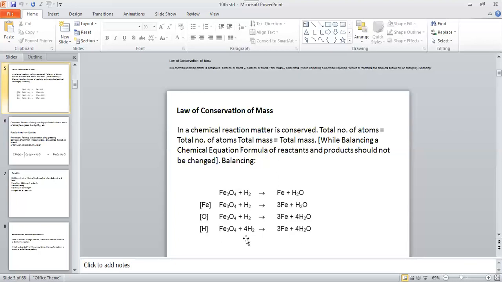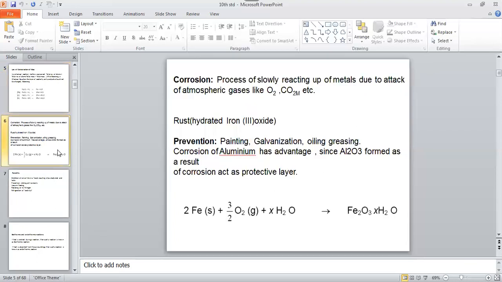So both are balanced. In this way, this equation is balanced. That is Fe3O4 plus 4H2 gives 3Fe plus 4H2O. This is the balanced equation. In this way, you have to balance a chemical reaction.